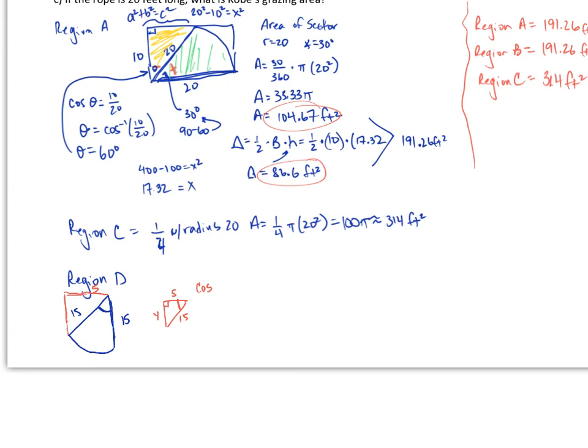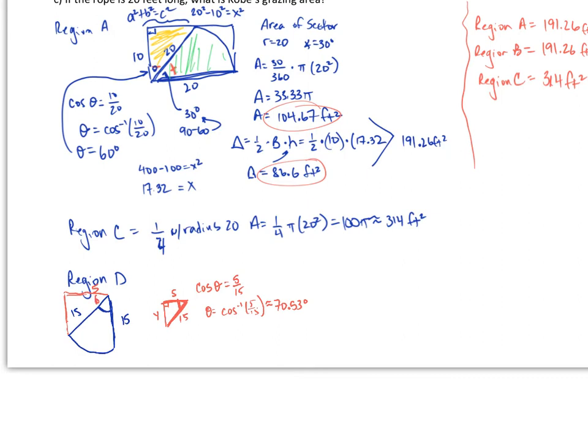All right, so I can get this angle just like I did up above, and I'm going to use the cosine of theta, and this time it'll be 5 over 15, right? If I use this angle adjacent over the hypotenuse, and that means theta will be the inverse cosine of 5 over 15, and that comes out to be approximately 70.53 degrees.